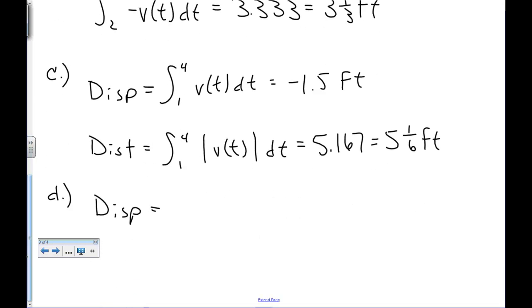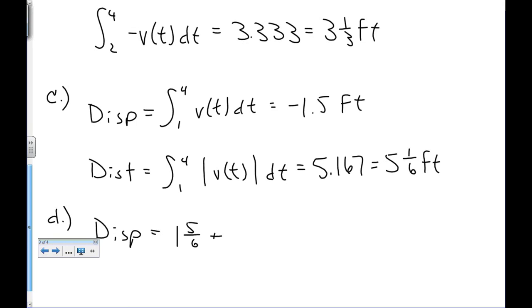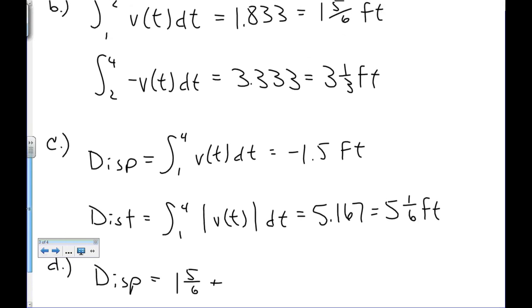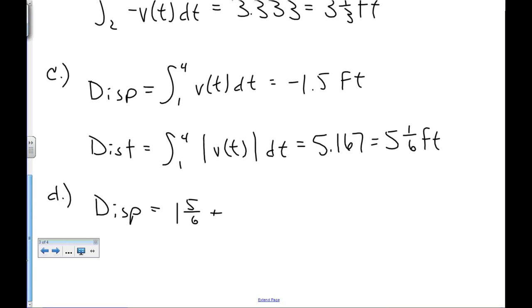So if I take the 1 5/6 feet, that is where our velocity was positive. And for displacement, I want to keep the sign of velocity. So from 2 to 4, we integrated the opposite of velocity. So I add on the opposite of that distance we found, add negative 3 1/3. If you punch that in your calculator, you'll get a negative 1.5 feet. That's the value we got up above in part C.